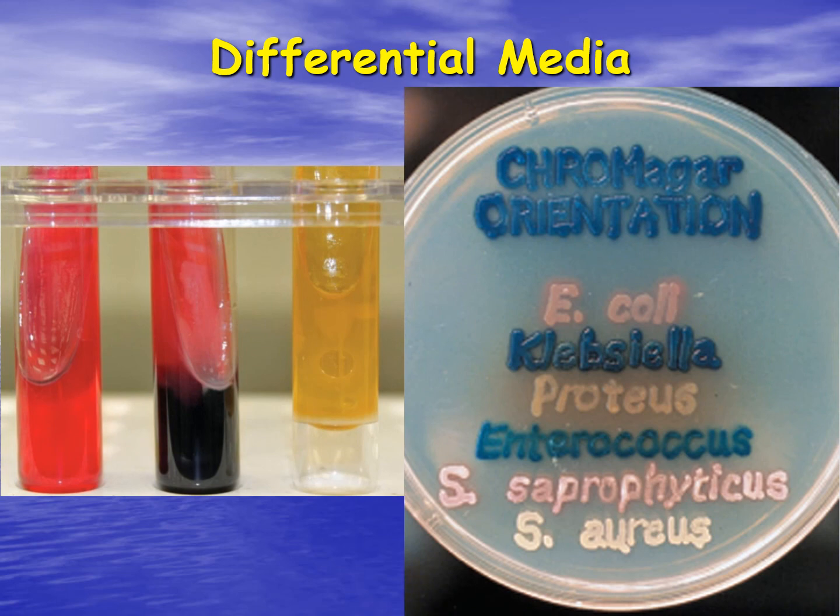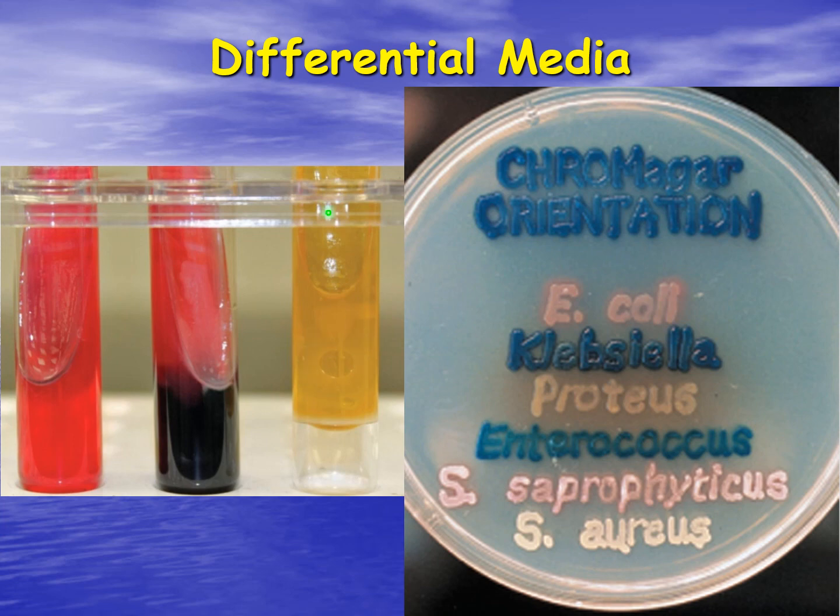This is just a couple of examples of differential media. This media is actually known as the Kligler iron media. This is a tubed solid media. This is the original color before anything is inoculated. And you can see that once things have grown, we can sometimes have color changes.